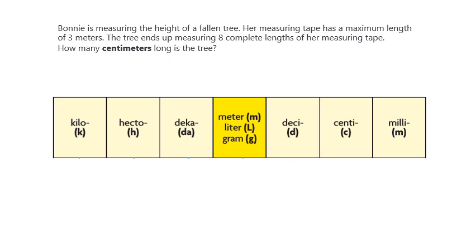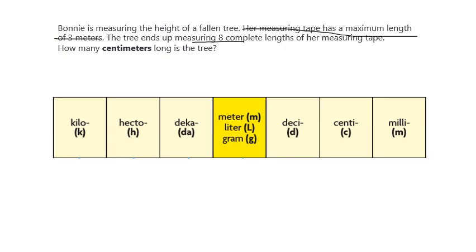The first thing I should notice is that her measuring tape only has a maximum length of 3 meters. So I can't use 3 here for meters. That would be incorrect.